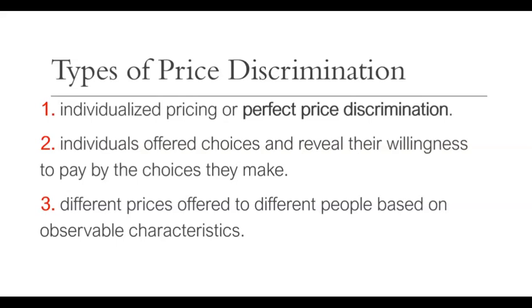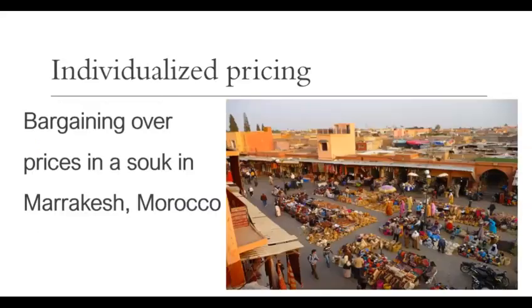Well, let's start with the first case, the case where each individual might, at least in principle, be charged a different price. A classic case like this is the prices that would be paid in a place like this souk or market in Marrakesh in Morocco, as illustrated in the photograph.